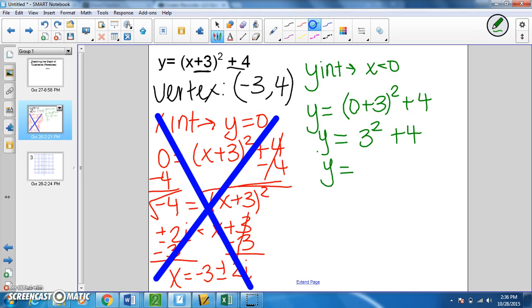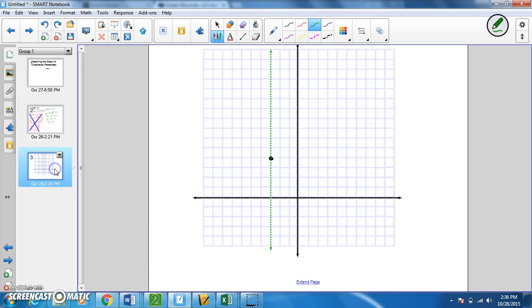Y is equal to 3 squared is 9 plus 4. So y is equal to 13. We go back to our graph. Y is equal to 13. So I'm on my y-axis and go up 13.